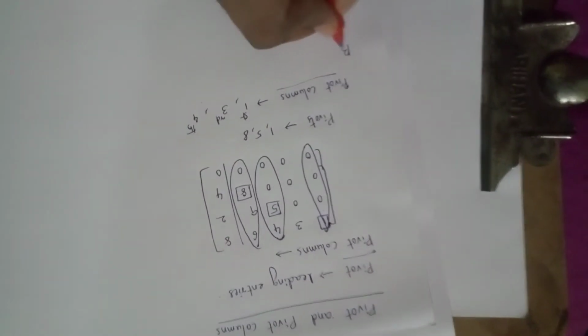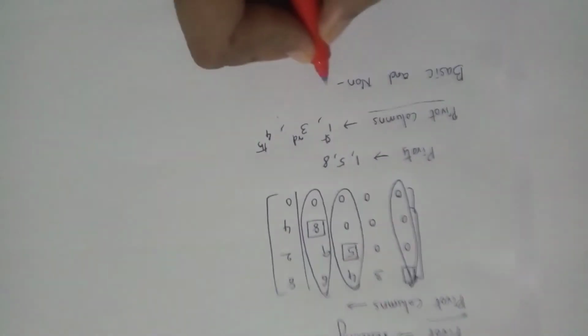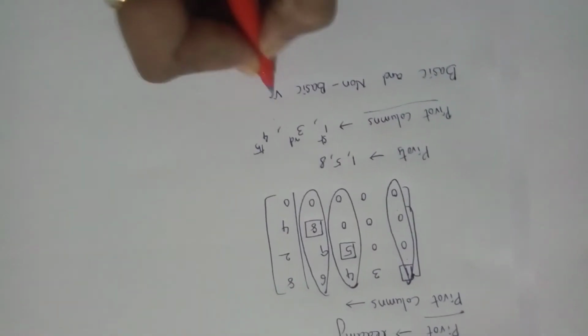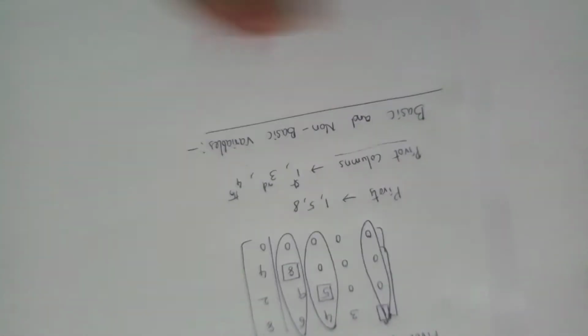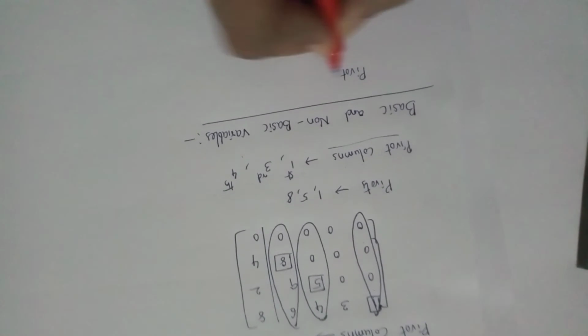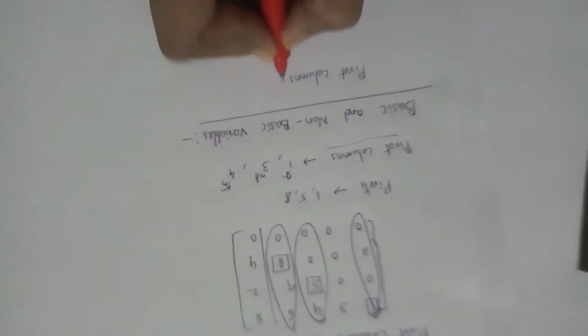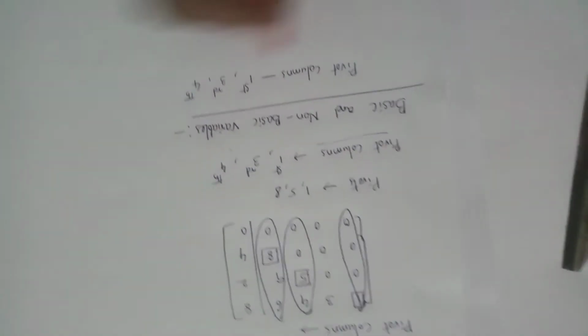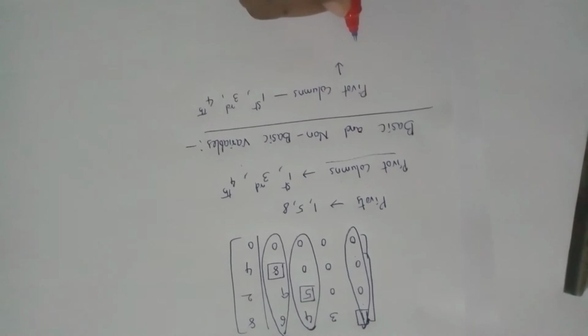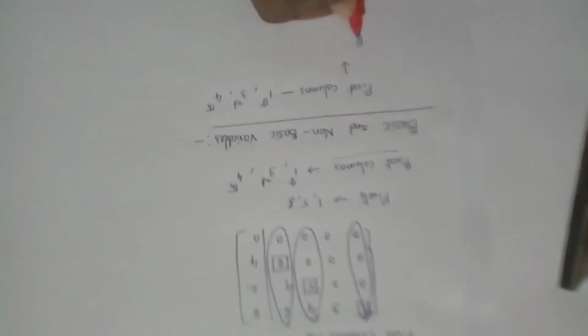Next we have to see basic and non-basic variables. In the above example, the pivot columns are first, third, fourth. Pivot columns are also called basic variables.